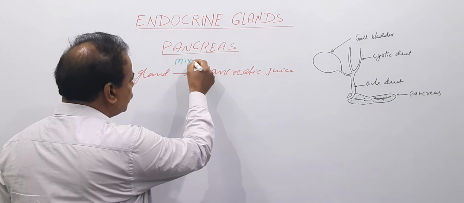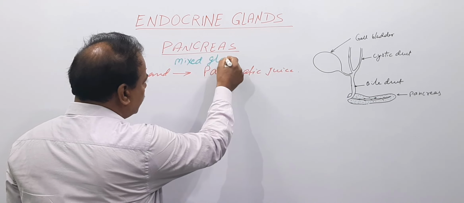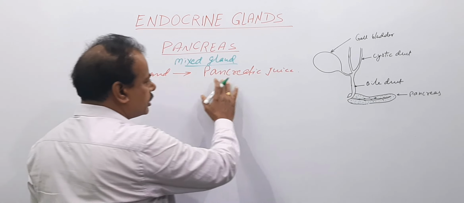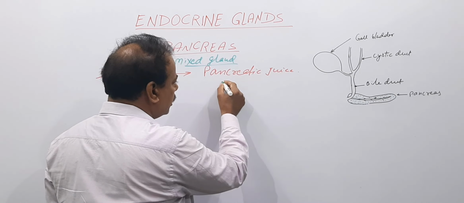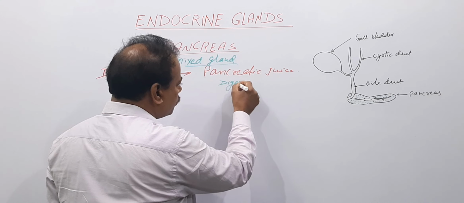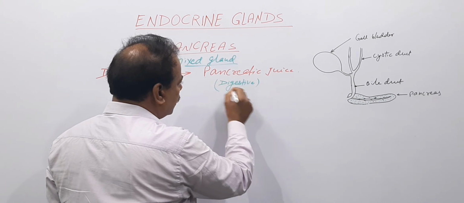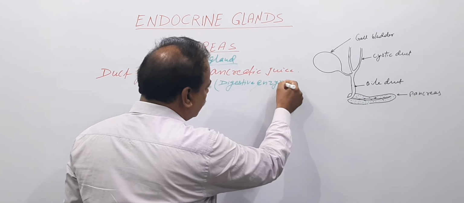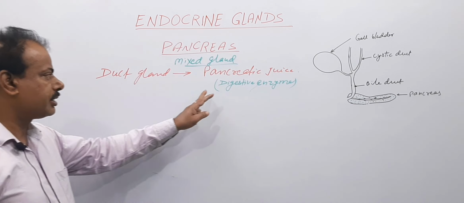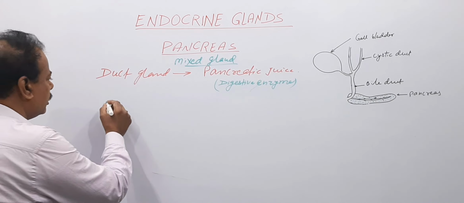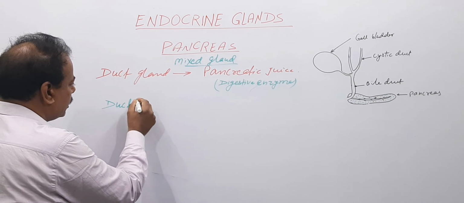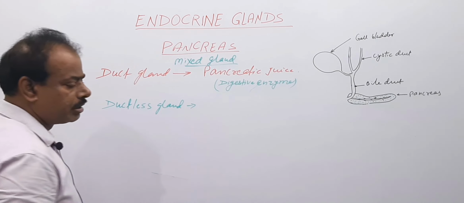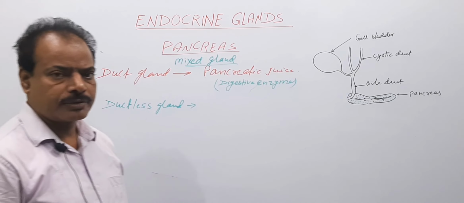It is a mixed gland because it is a duct gland: it secretes pancreatic juice, a type of digestive enzyme, which helps in digestion. And secondly, it is a ductless gland and it secretes three different types of hormones.